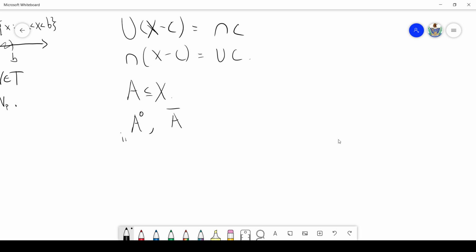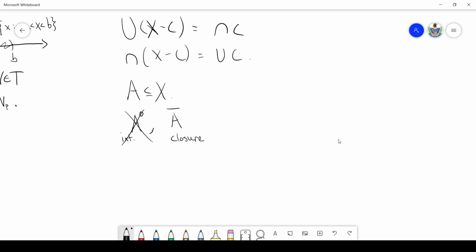So this is the interior, and this is the closure. For most purposes, the interior is disregarded, mostly because you can relate these easily. The interior is just the complement of the closure of the complement, so you really only need one of these operations, and it just happens that closure is the one more often used.